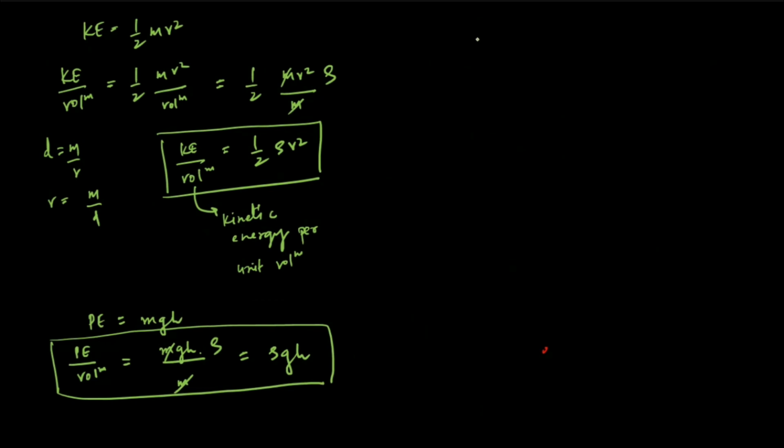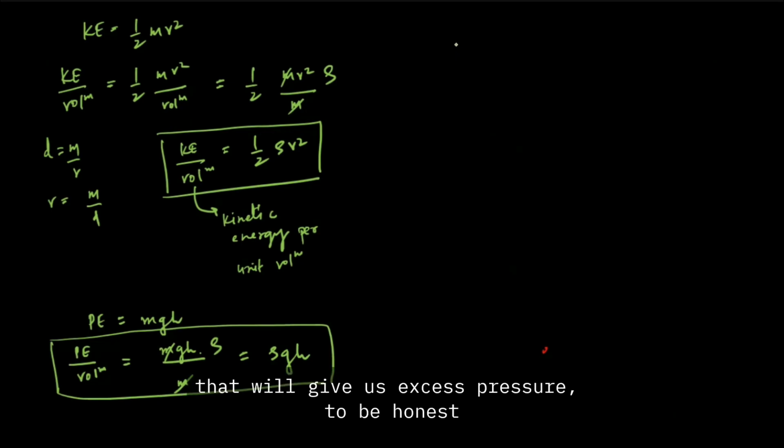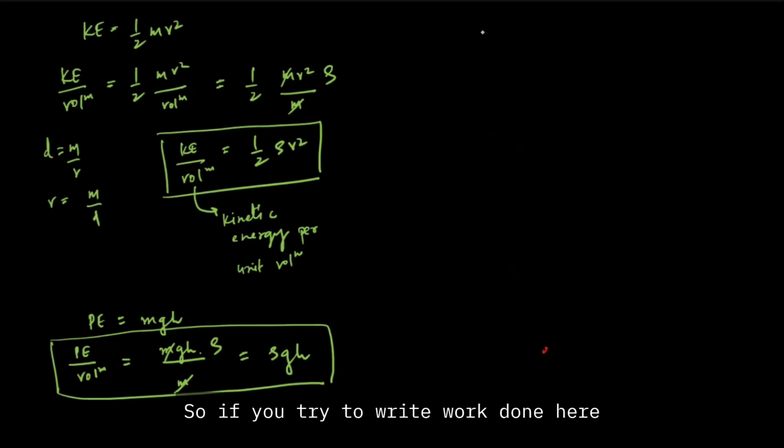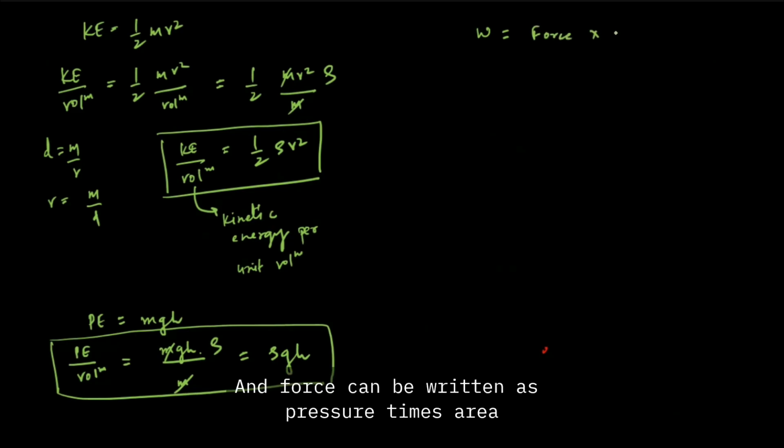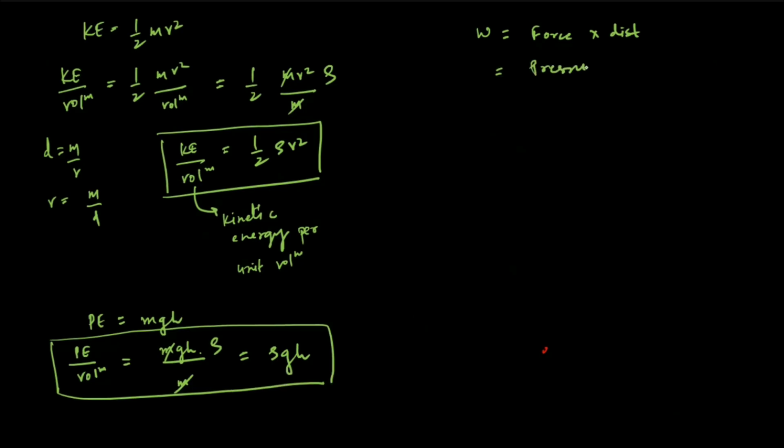Similarly, we are going to do the same thing with pressure head as well. So pressure per unit volume will give us excess pressure, to be honest. If you try to write work done, work done is nothing but force into distance, and force can be written as pressure times area times distance.